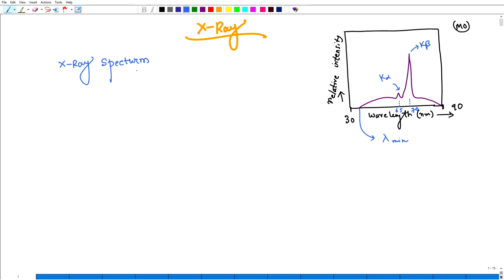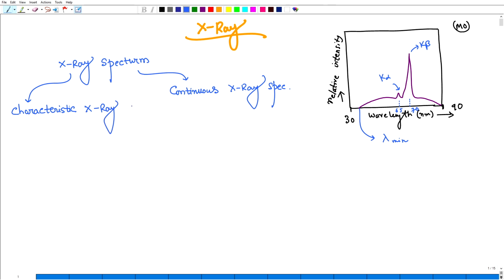If you now classify, one is the continuous X-ray spectrum, and another one is the characteristic spectrum. I will just recapitulate, because in the last class I already explained why this is happening.